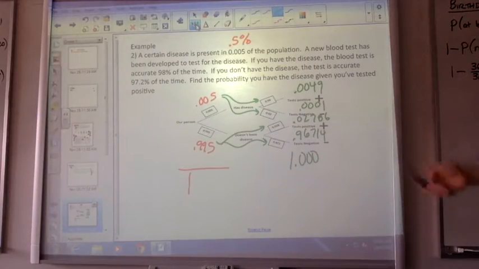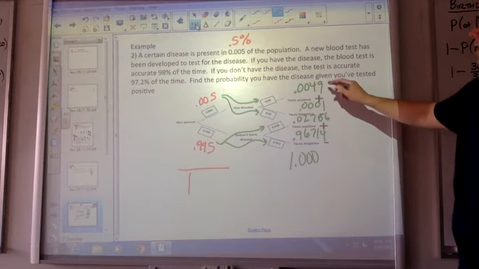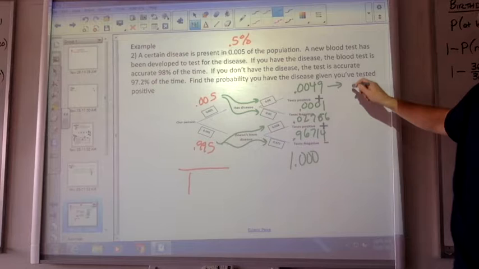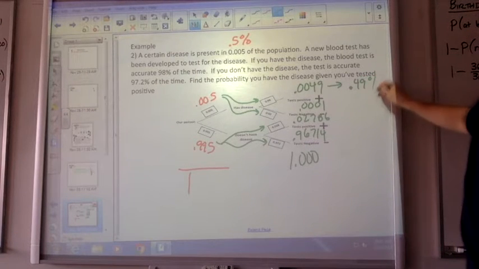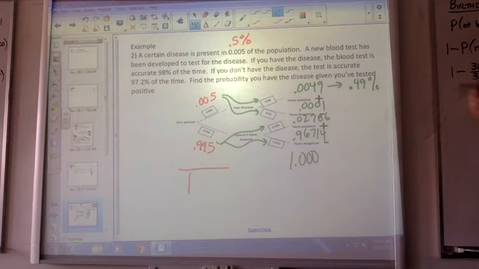All right. And as far as this goes, when you start thinking about this, if I were to convert this to a percent, 0.49% of the time, somebody has the disease and they tested positive.